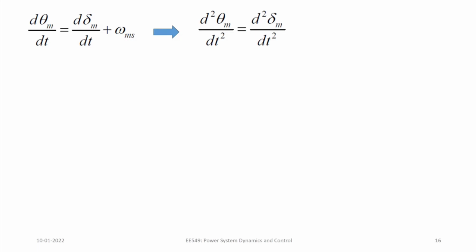If we take the double derivative, d square theta m by dt square becomes d square delta m by dt square.